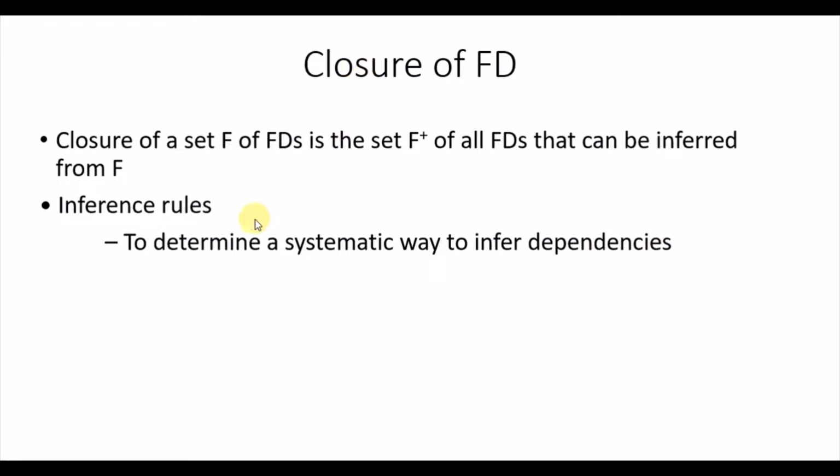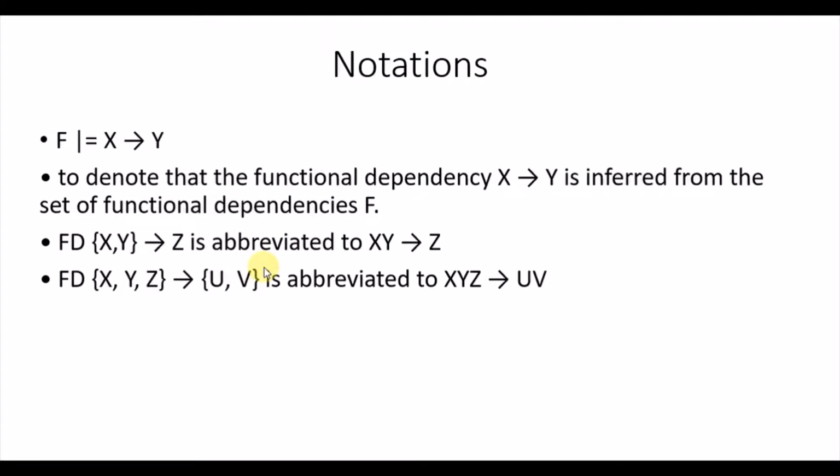And when we talk about this inference rule, we'll see some notations also. So the first notation is like this. We have F and this notation that is used for representing inferred from or implied by.